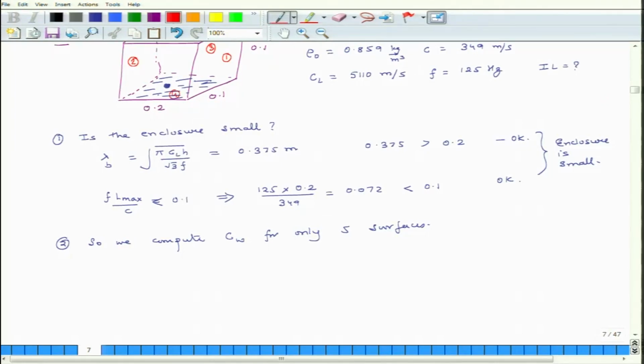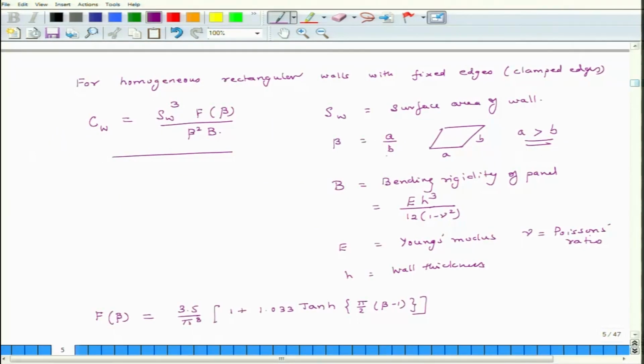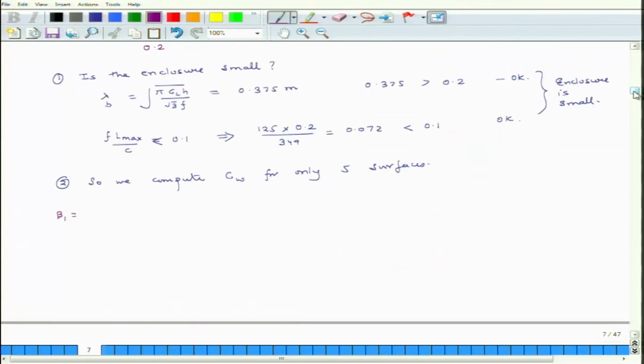So, beta 1 is 100 divided by 100 or 0.1 divided by 0.1. See what is beta? Beta is the aspect ratio of each surface, A by B, and A is the larger dimension, B is the smaller dimension.